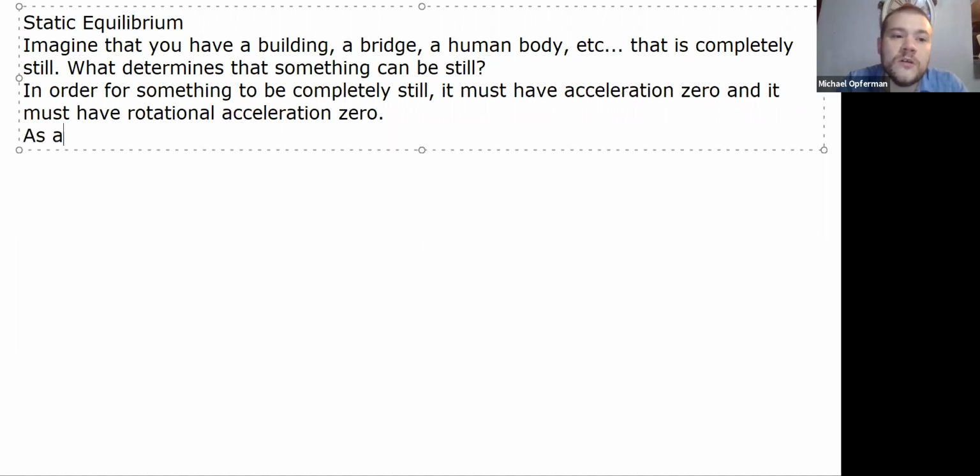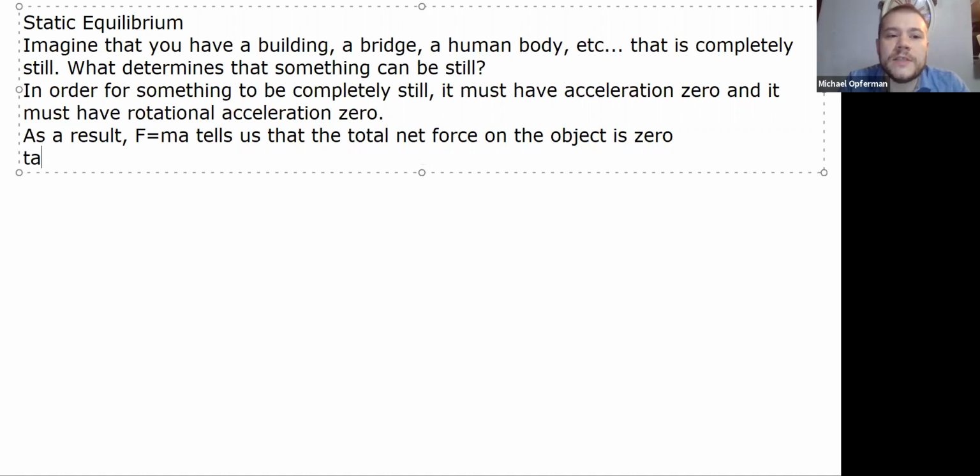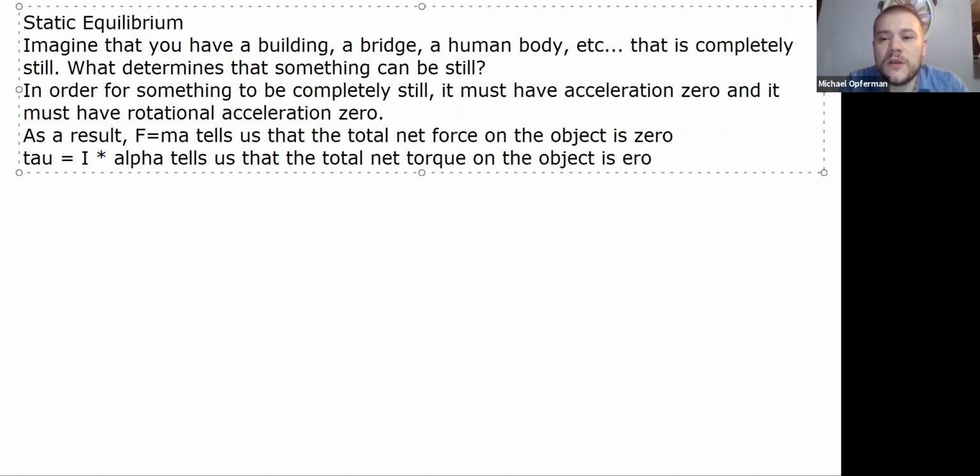So as a result, F equals ma tells us that the total net force on the object is 0, and tau equals I alpha tells us that the total net torque on the object is 0. So both of those have to be true. The total net force on the object is 0, and also the total net torque on the object is 0.